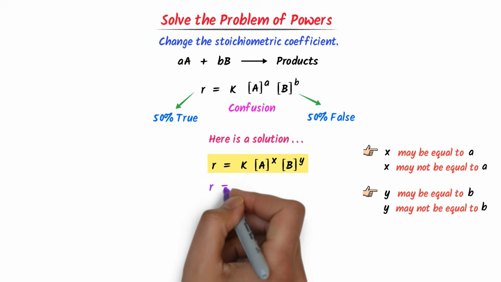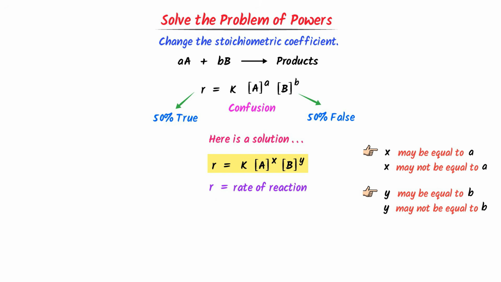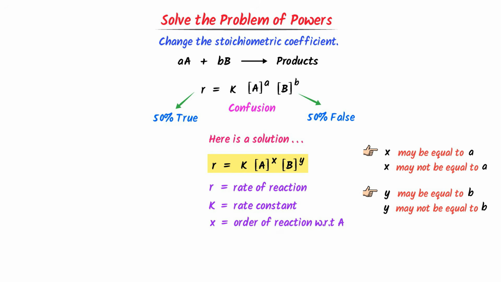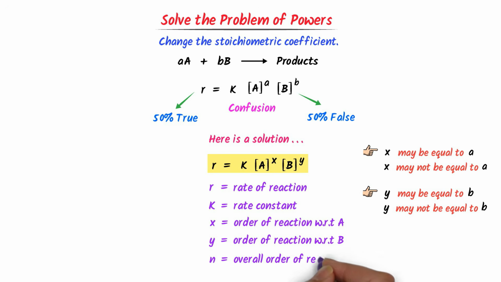Remember that r is the rate of a reaction, k is the rate constant or velocity constant, x is the order of a reaction with respect to A, y is the order of a reaction with respect to B. Here, n is the overall order of a reaction and it is equal to x plus y.